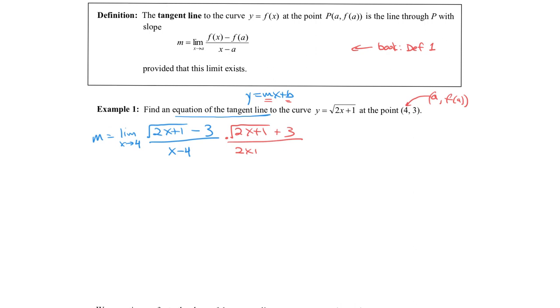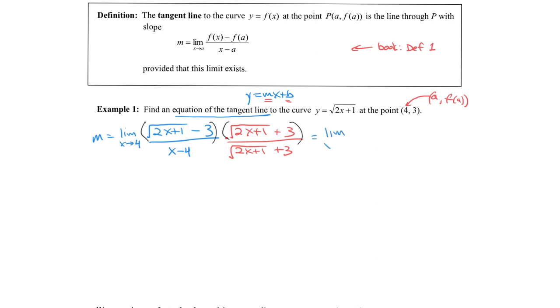Right, the conjugate over itself, so we're really multiplying by 1. And then we would say, okay, we're going to have to FOIL this, but because these are conjugates, the outside and inside cancel. So we just multiply first times first, last times last. The non-conjugate pair, we don't actually expand because we're going to get something to cancel.